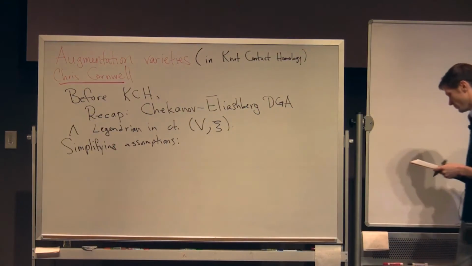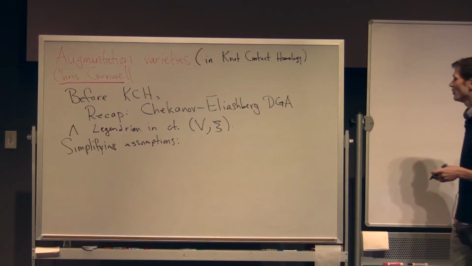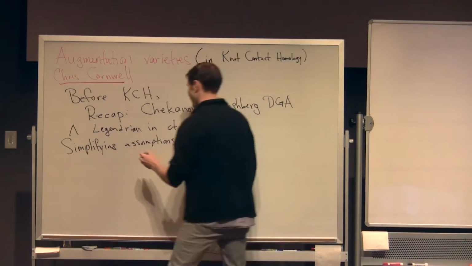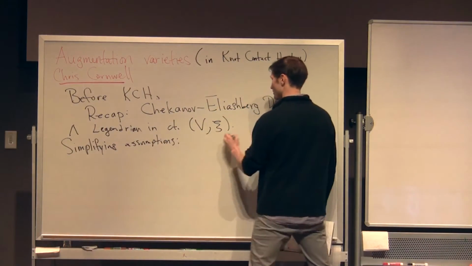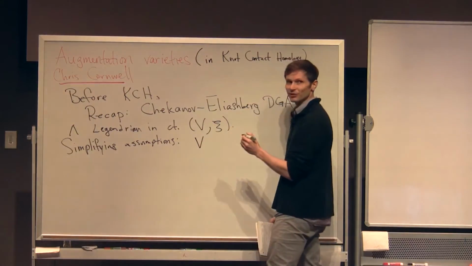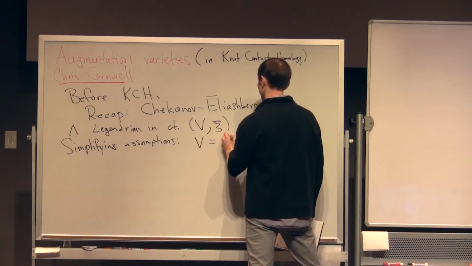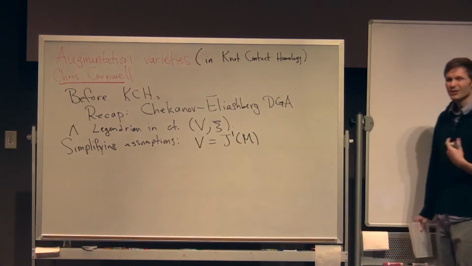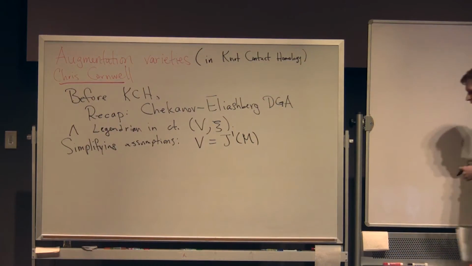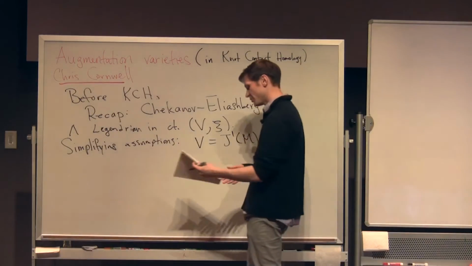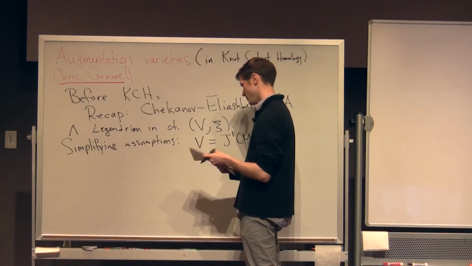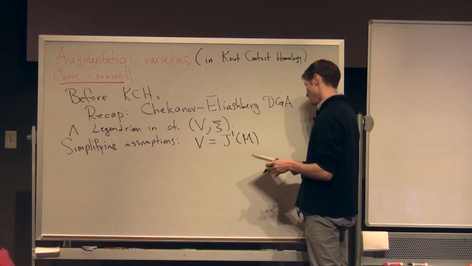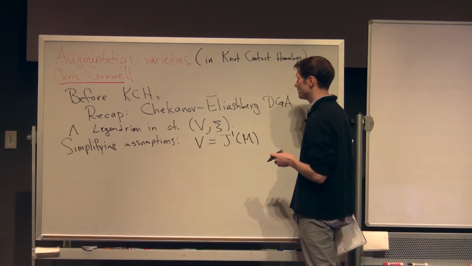What are my simplifying assumptions? Well, first of all, V is just going to be a one-jet space of some other manifold. You can work in a more general setting than this, but this will make things easier for me.